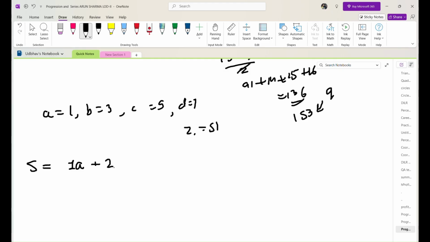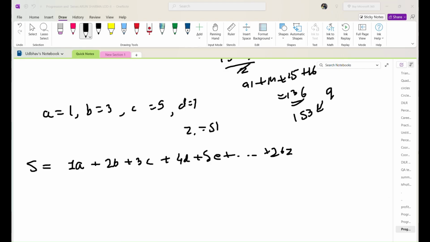1A, 2Bs, 3Cs, 4Ds, 5Es till 26Zs. And we are given the value of A as 1, B as 3.